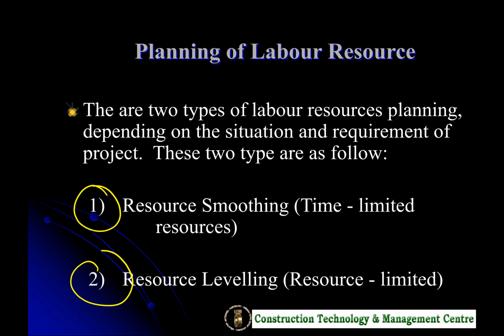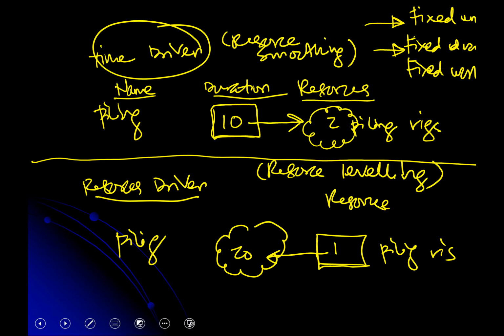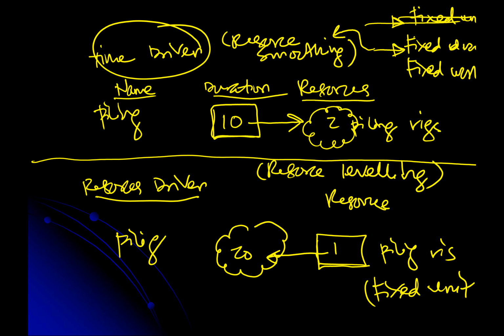Meaning to say, we have the luxury of choosing the number of resources that fit our timing. So in Microsoft Project, you notice fixed duration is basically related to this one, whereas fixed unit is basically related to this one. So that's why when we set up the options, we learn about this first.